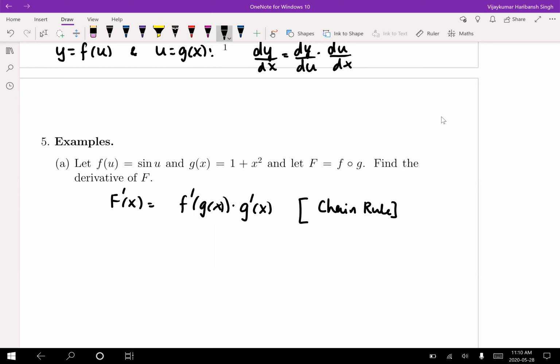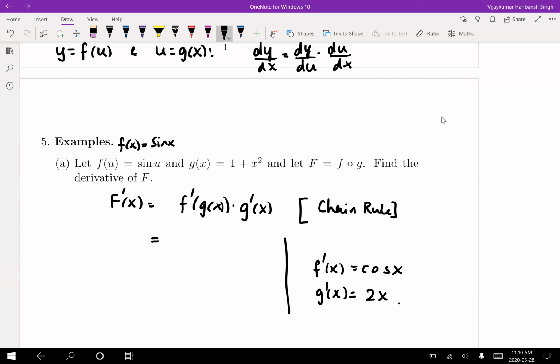Now we need to compute f prime. So what is f prime of u? f prime of u is the same as taking the derivative of, I can also write it as f of x equals sine x. So what is f prime of x? The derivative of sine x is cosine x, and g prime of x is the derivative of 1 plus x squared, which is 2x.